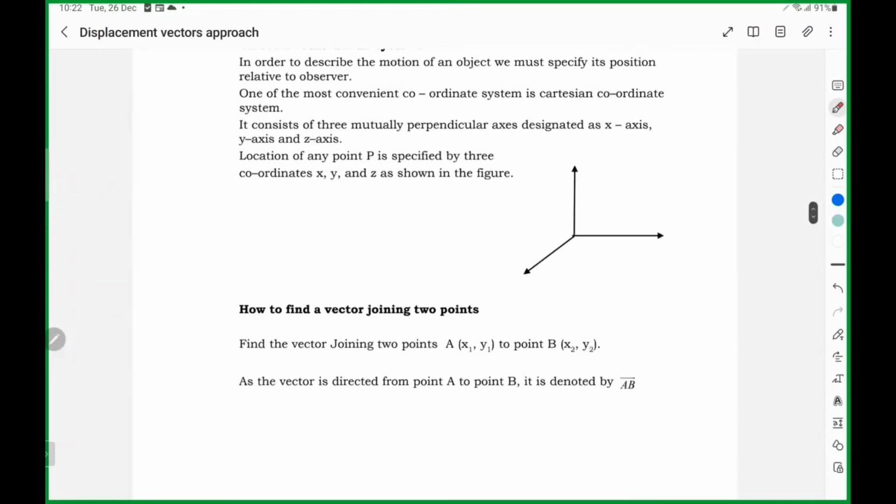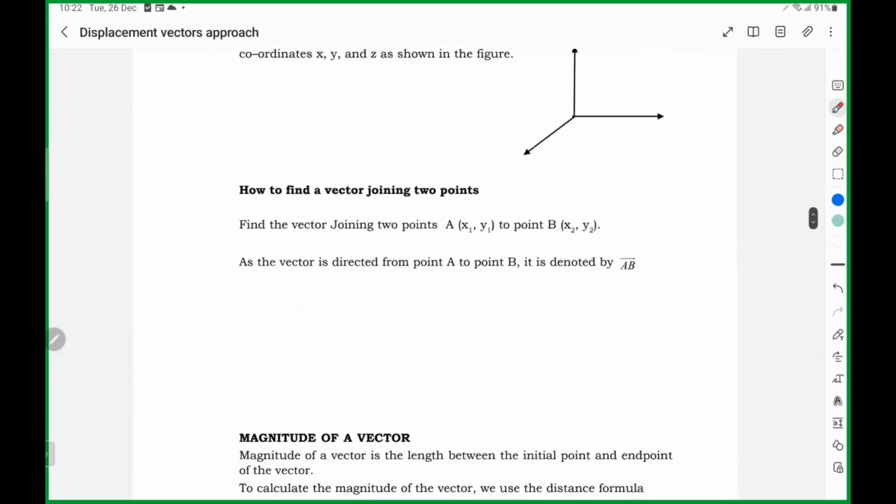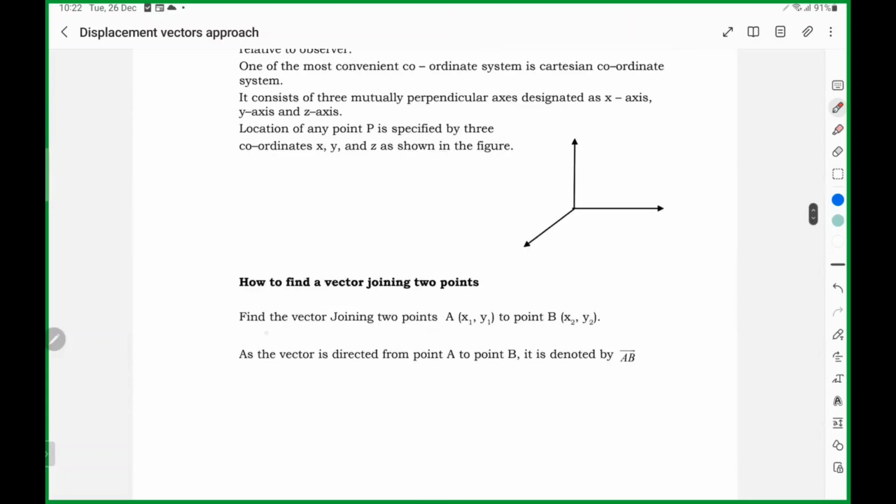So here, a vector joining 2 points, how to find it, I already discussed. AB, this is one point in the plane, this is the other point in the plane. So OB minus OA.